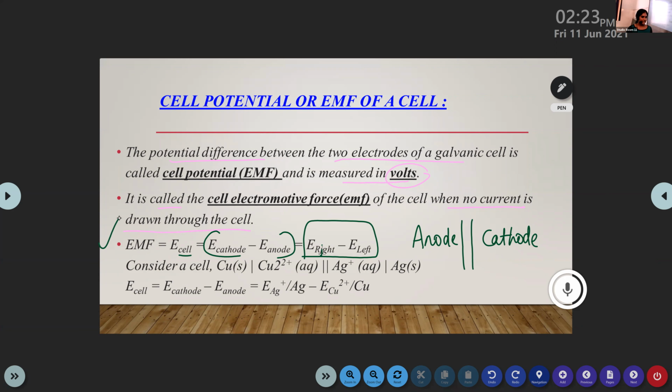To find out the cell potential, you have to find the difference between the electrode potential of cathode and anode. Is this equation clear for you? Any doubt, confusion? Nothing. Okay.